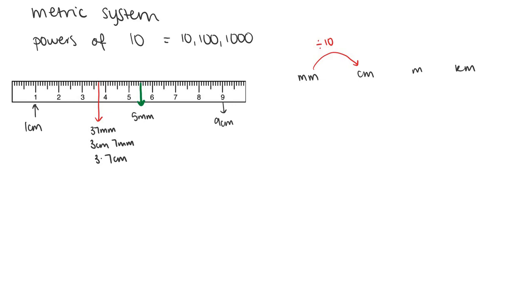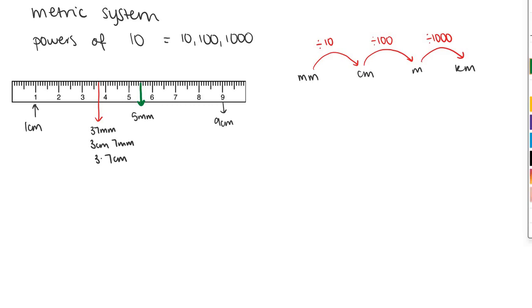From centimetres to metres, there are 100 centimetres in a metre, so I would be dividing by 100. And going from metres to kilometres, I'm going to be dividing by 1,000 because there are 1,000 metres in a kilometre.